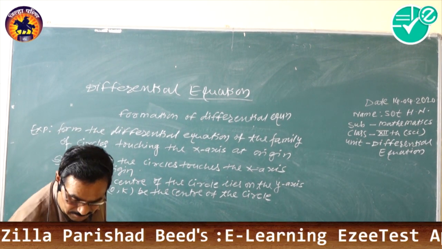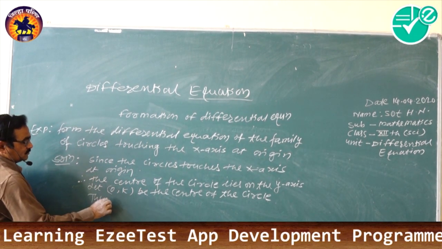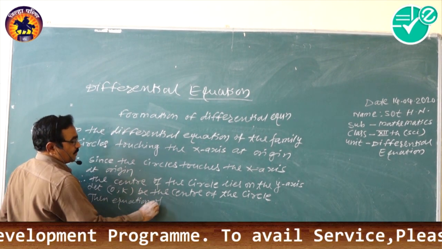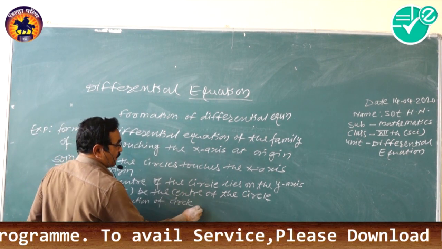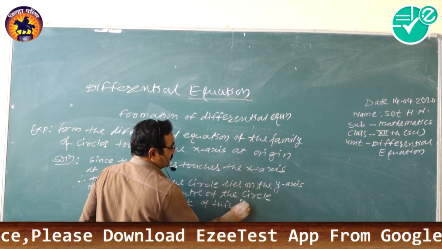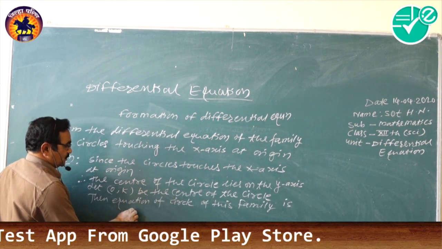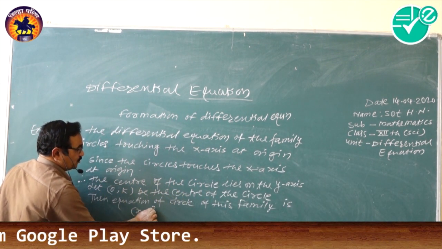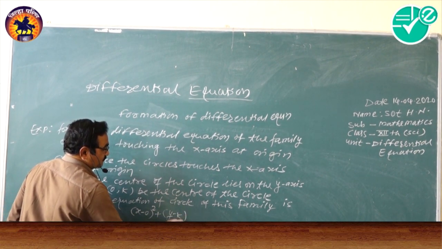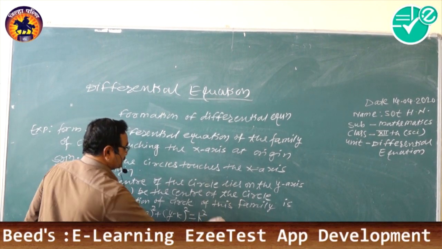Then the equation of circle of this family is (x minus 0) whole square plus (y minus k) whole square equal to k square.